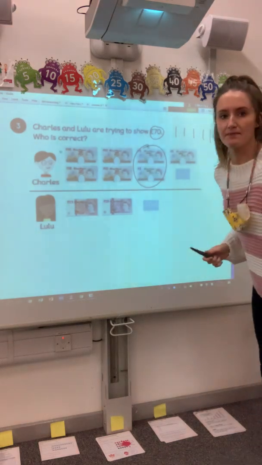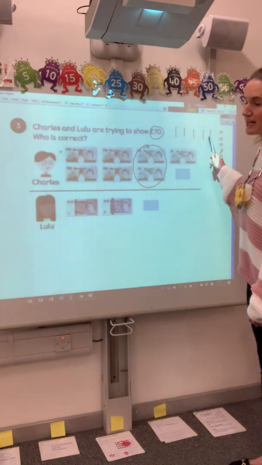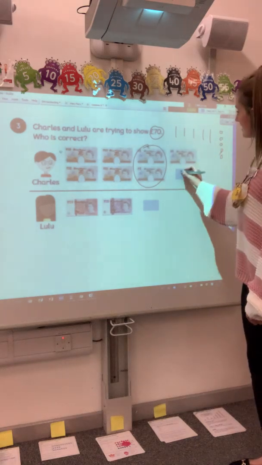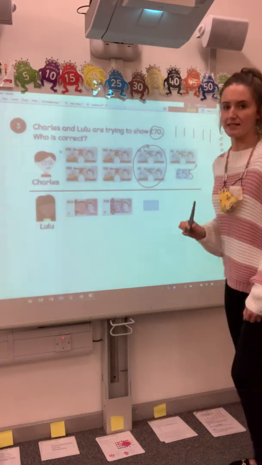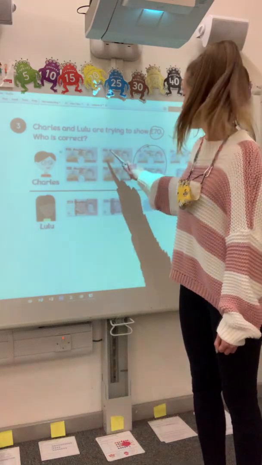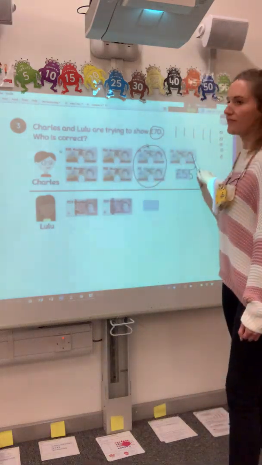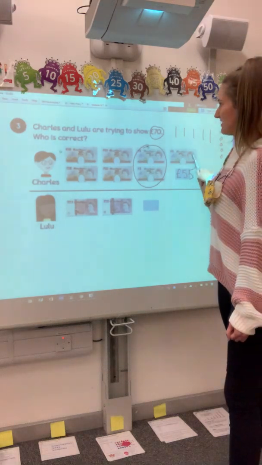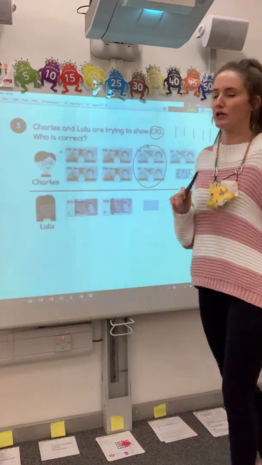So, Charles has made, count with me, 10, 20, 30, 40, 50, 55 pounds. Let's check that and count the notes. 10, 20, 30, 40, 50, 55. So, has Charles shown £70? He hasn't, has he? Let's see if Lulu has shown it.